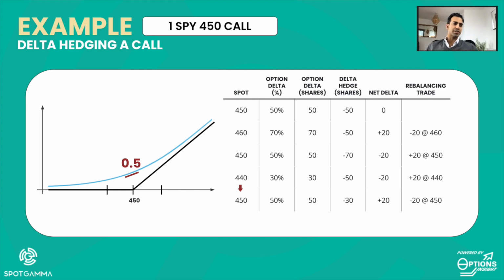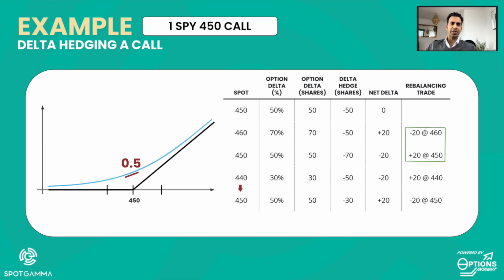So what can we see? We can see that in the end, the market ended up exactly where it started, back at 450 on SPY. But in the meantime, just by delta hedging our position, just by staying delta neutral, we ended up doing trades. We ended up selling and buying back.